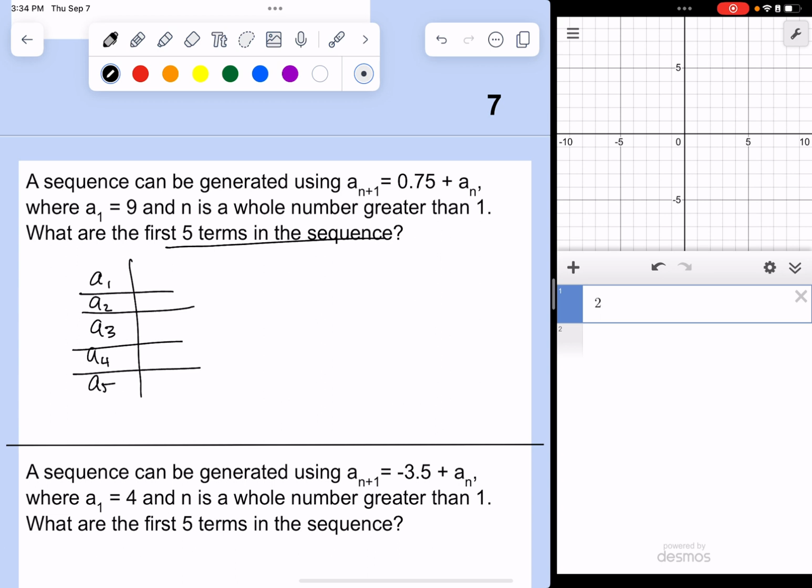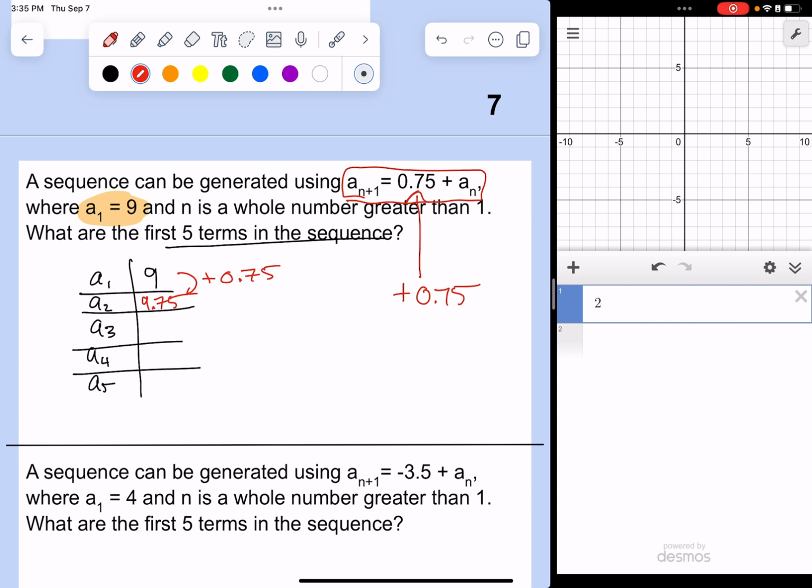So let's make our little table. They gave us A1 equals 9, which is great. If I look at my formula right here, it's telling me we're adding 0.75 to each one. That's all we're doing, finding the equation and adding it. So 9 plus 0.75 is 9.75.